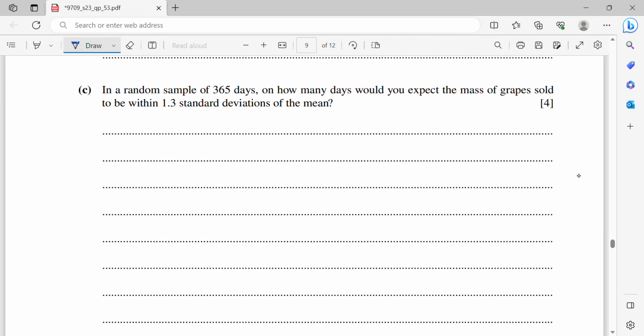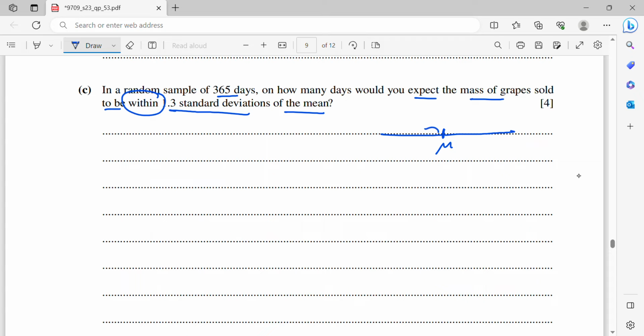Okay, now in a random sample of 365 days, on how many days will you expect the mass of grapes sold to be within 1.3 standard deviations of mean? Right, let's say for example, this is the diagram. This is the mean. 1.3 standard deviation because it's within. So we are not sure whether it's above or below from the mu.